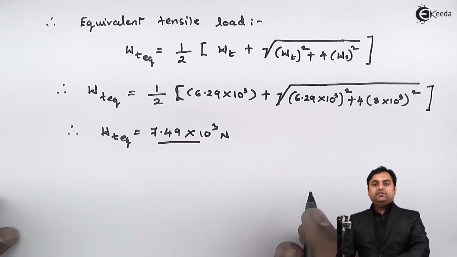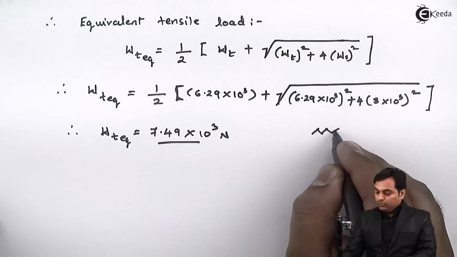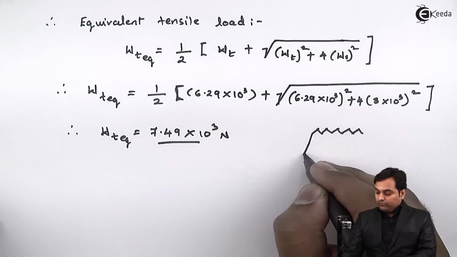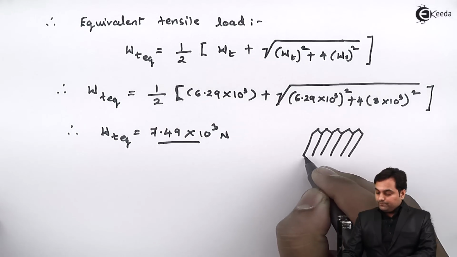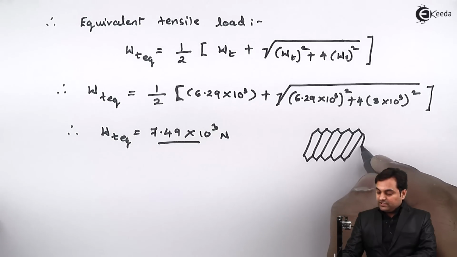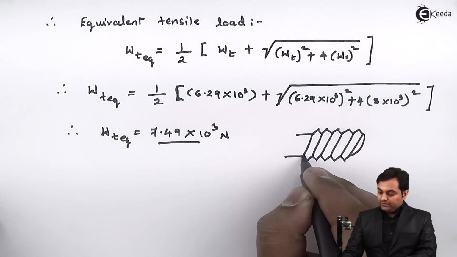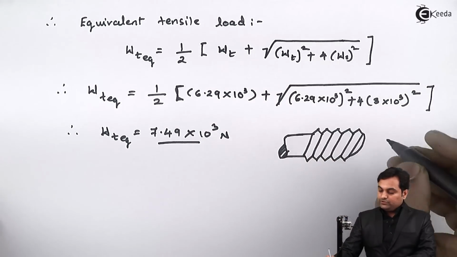Now for designing the bolts we would be using this value of load, and as we know bolts have a threaded section, so we have to design the threaded portion of the bolt, because once you know the dimension of the threads, the other dimensions are very easy to calculate. So here I am drawing just the threaded portion of the bolts.